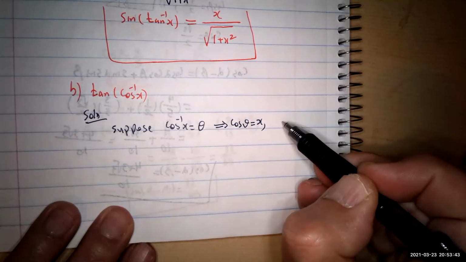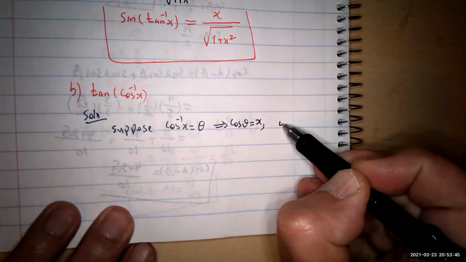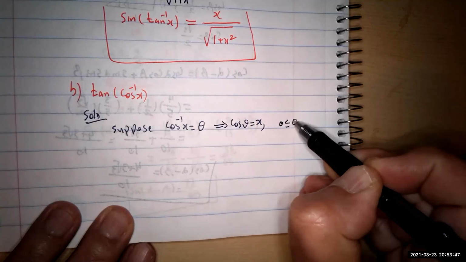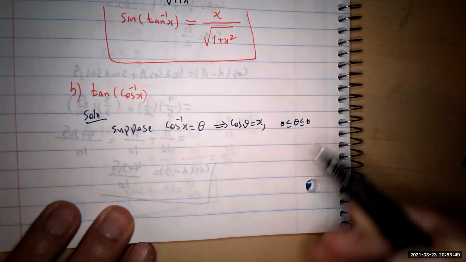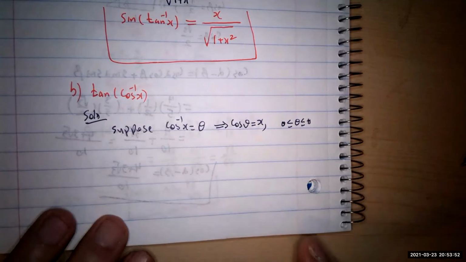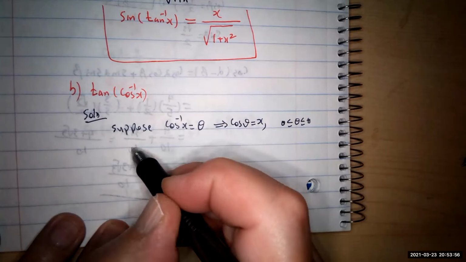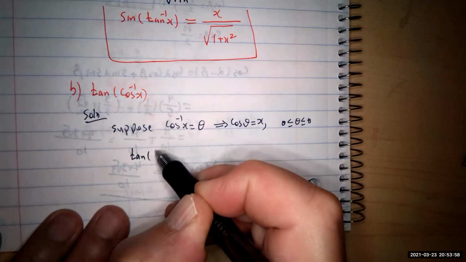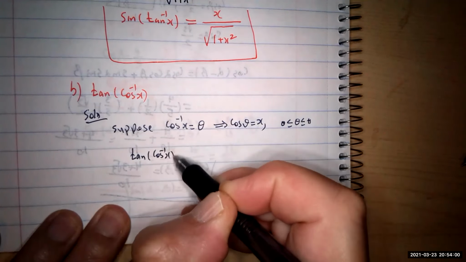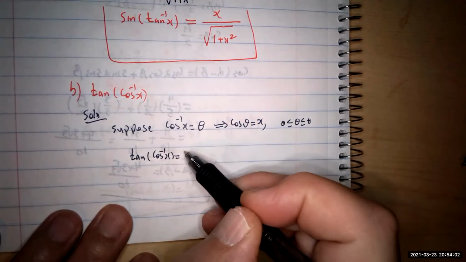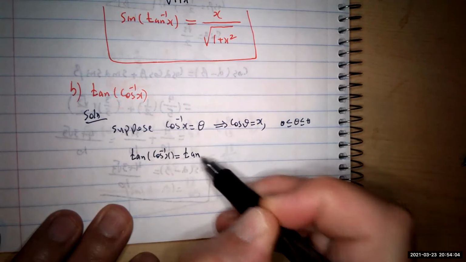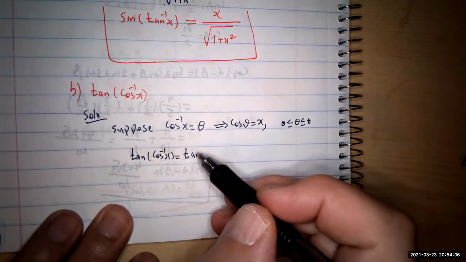And as usual, your theta is going to be between 0 and pi. And so your question now is, the tan of the cosine inverse of x would be changed into what? It's going to be simply changed to the tan of theta.